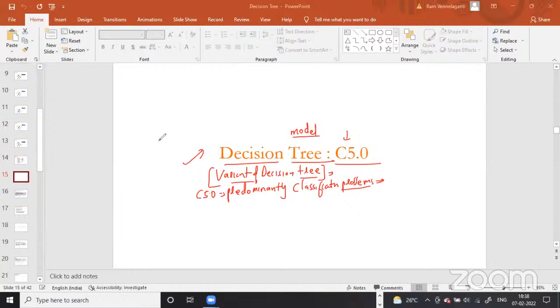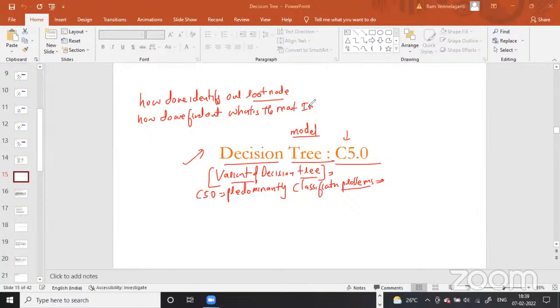So what is the question we have to answer? How do we identify our root node? How do we find out what the most important feature is? That is the question we would like to answer.